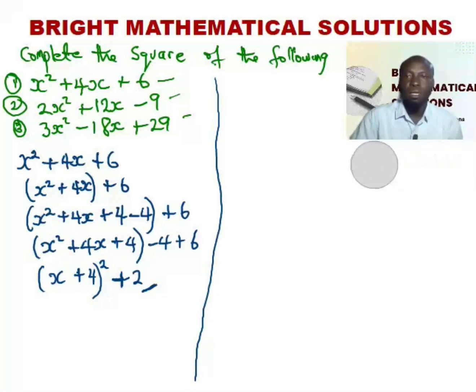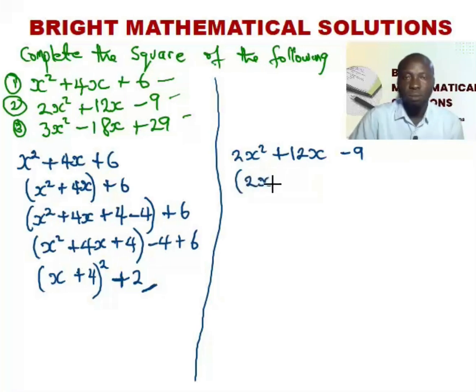Let's quickly look at the second one. We have 2x squared plus 12x minus 9. Now the same thing, but there is a twist to this particular one. Let us go bit by bit so that it won't be confusing.